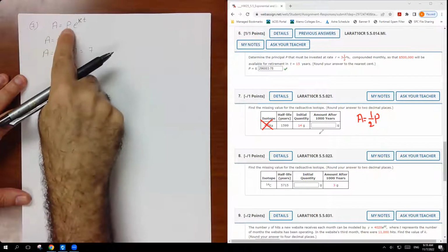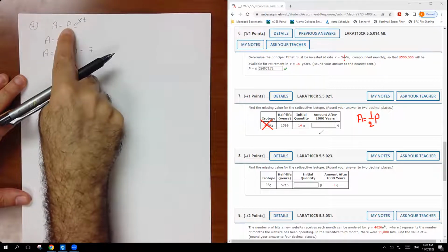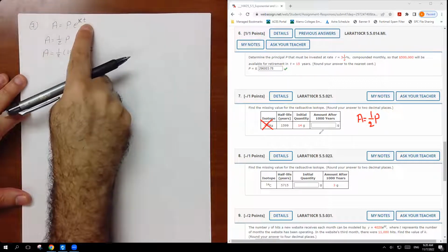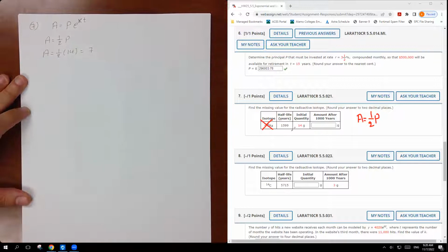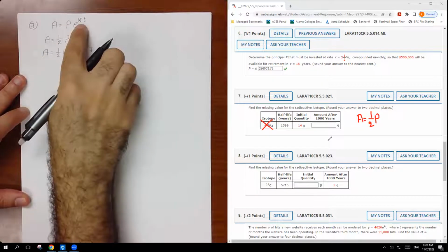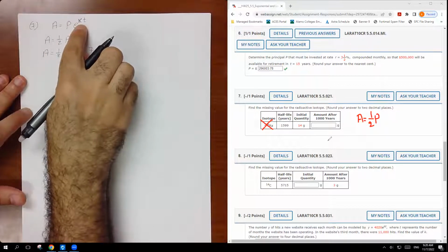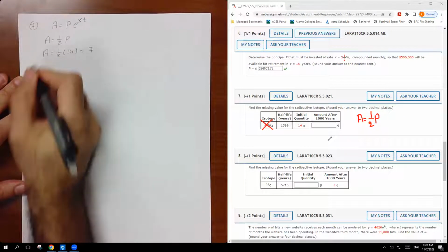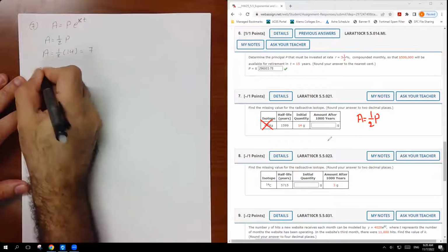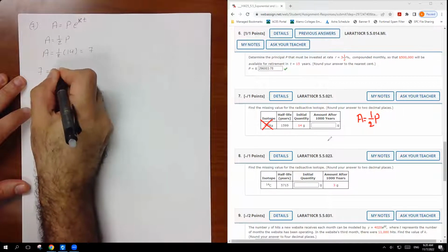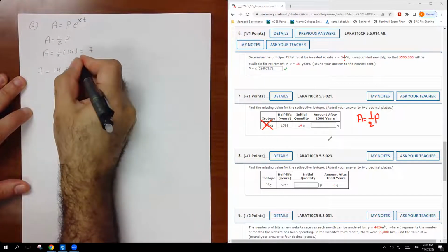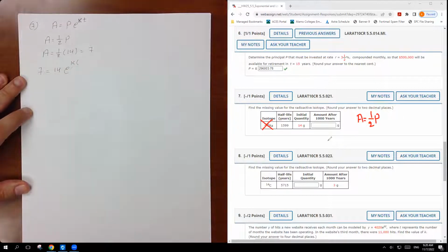The initial is 14, e to the K, we need to find the K. And the half-life is 1,599 years. So we need to find the K, which is the growth or decay rate. So our future is going to be 7 equals the initial 14 times e to the K, we need to find the K, and the time is 1,599.